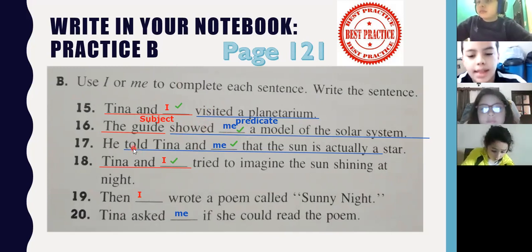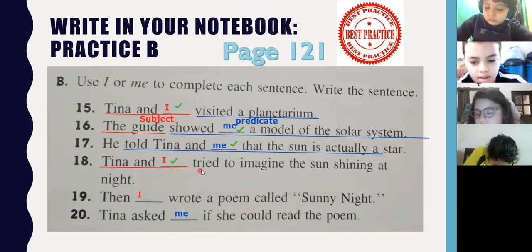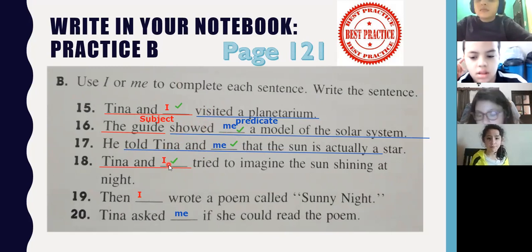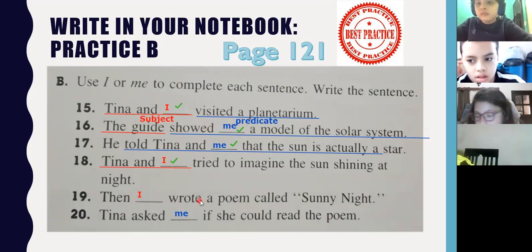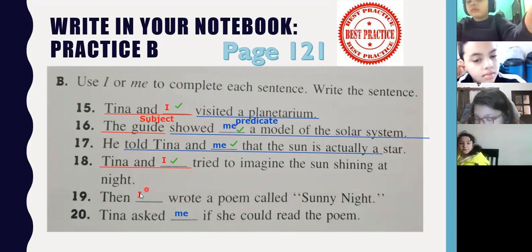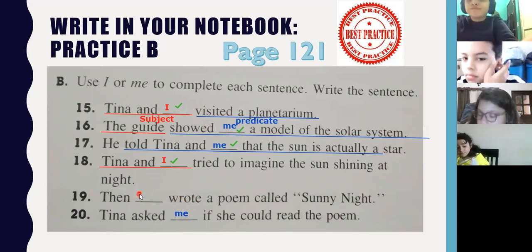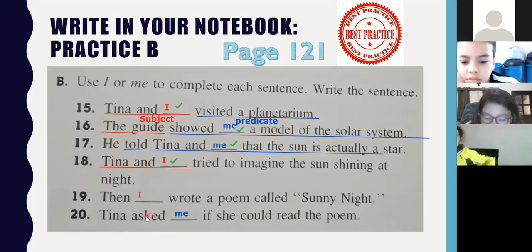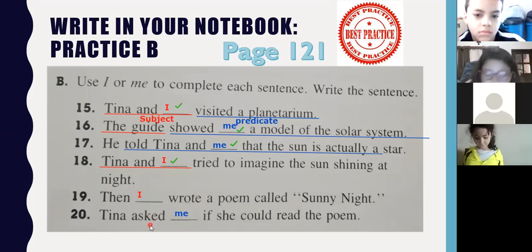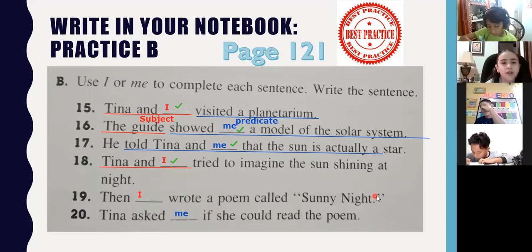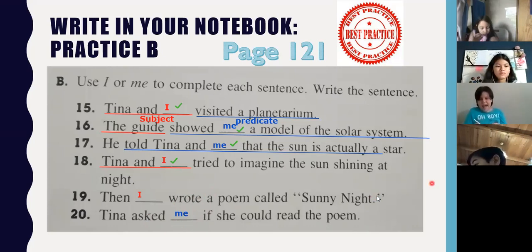Look here, show me, we have me because there is a verb. I is before the verb. So if it is before the verb, we use I. It's before wrote, a verb. So I use I because it's before the verb. If it is after the verb, like in this case, asked, that is the verb, we use the object pronoun, which is me. So we need to identify the verb to know which pronoun we're going to use.